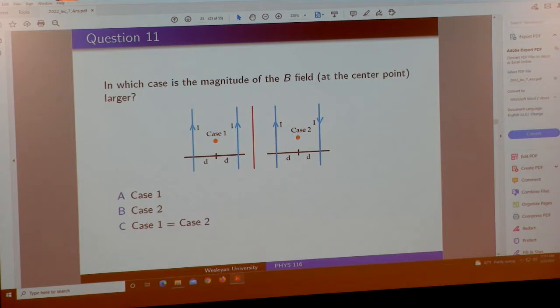Oh, I see. Okay, so I think what Aiden is asking, if I can draw it.